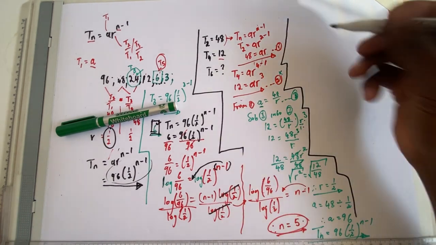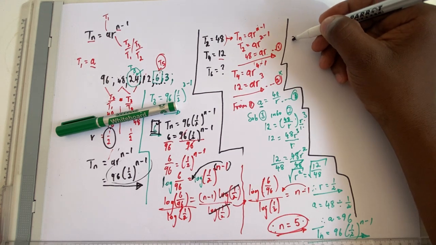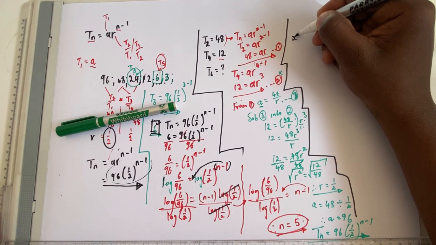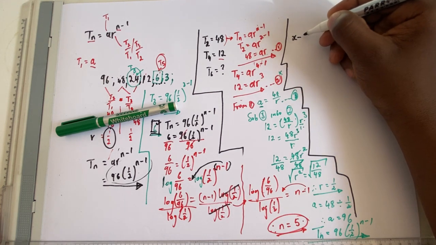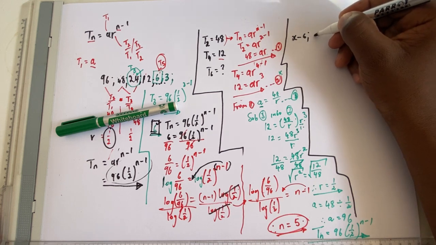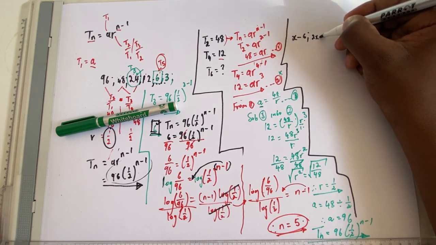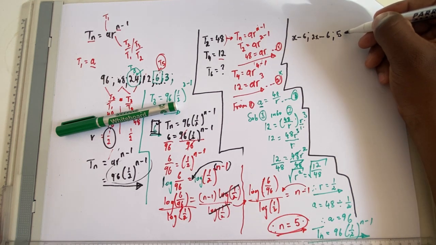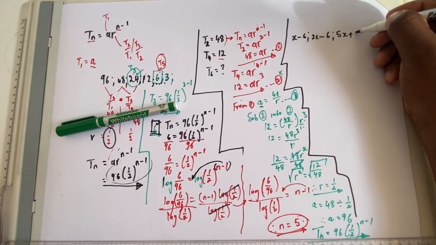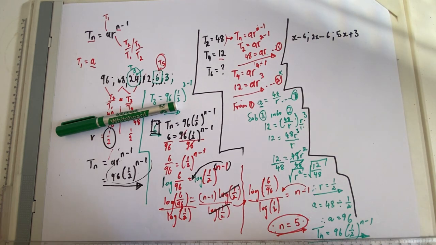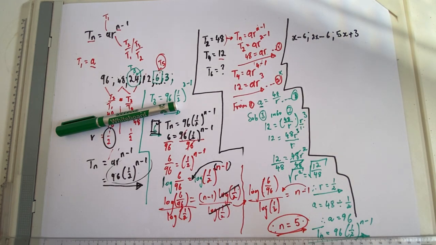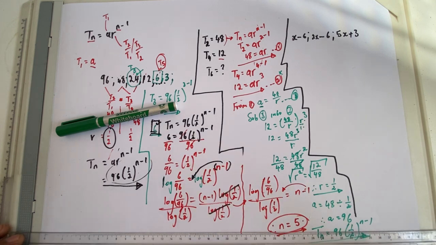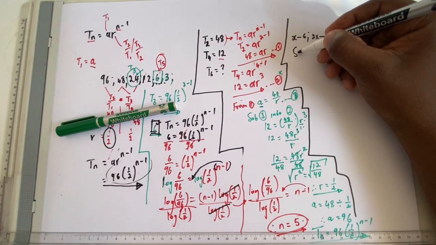Let's say you have been given this type of question where they give you x minus 6, 2x minus 6, 5x plus 3. And they say solve for x.